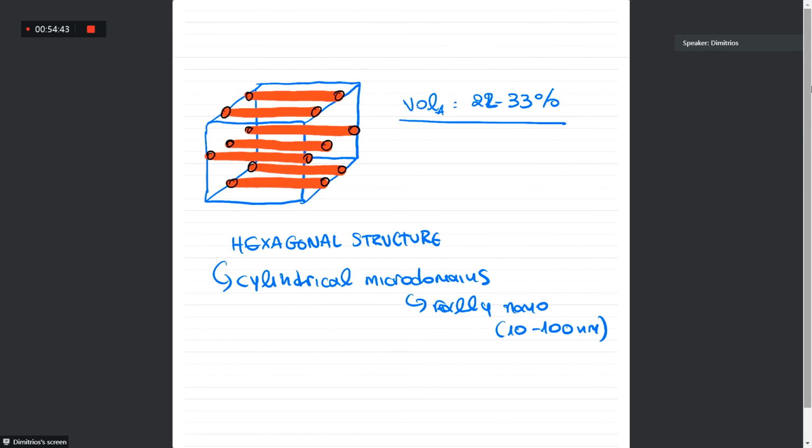So in this case, we have two cylinders at the top and three cylinders at the bottom. And it's called hexagonal because these are arranged to form a hexagon. You can see the hexagon here.